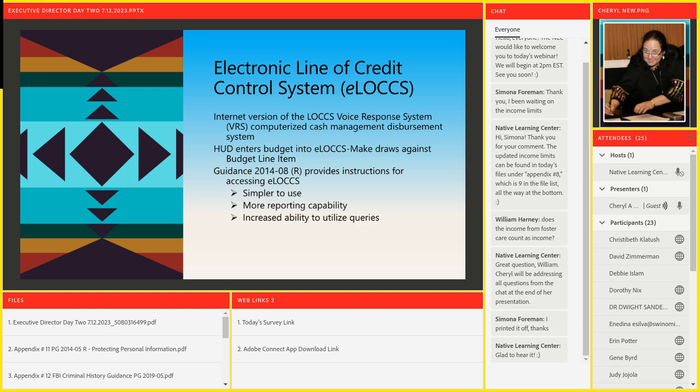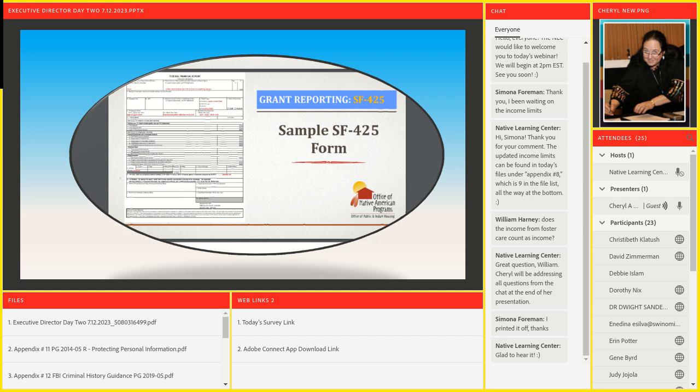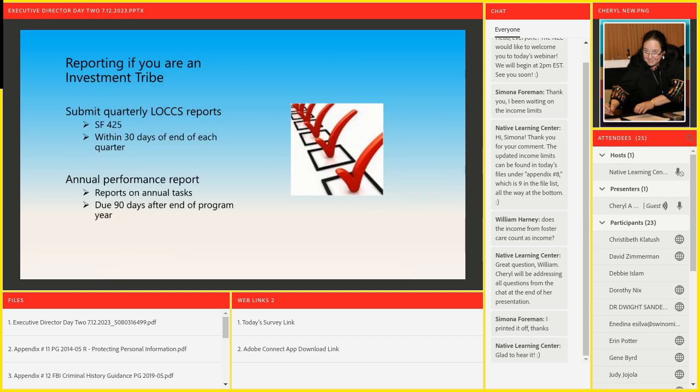The guidance is 2014-08. If you want to read more about ELOCS, it's a lot simpler to use. You can query it a lot easier than what we used to have to do by voice, but it's really important that you put on your calendar that you get in there at least once a month, because you will get locked out.